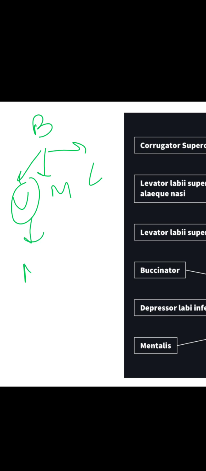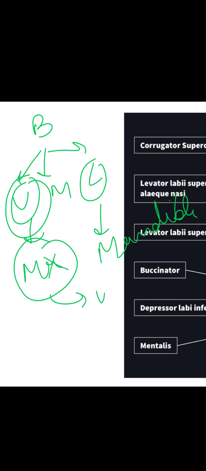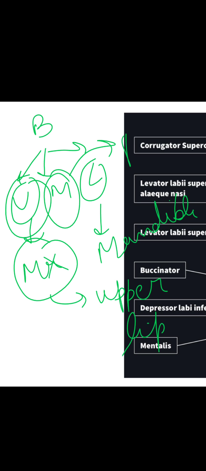Buccinator has three types of fibers: upper, middle, and lower. Upper is maxilla, lower is mandible. Upper fibers have their origin from the maxilla, and they would be inserted over the upper lip.